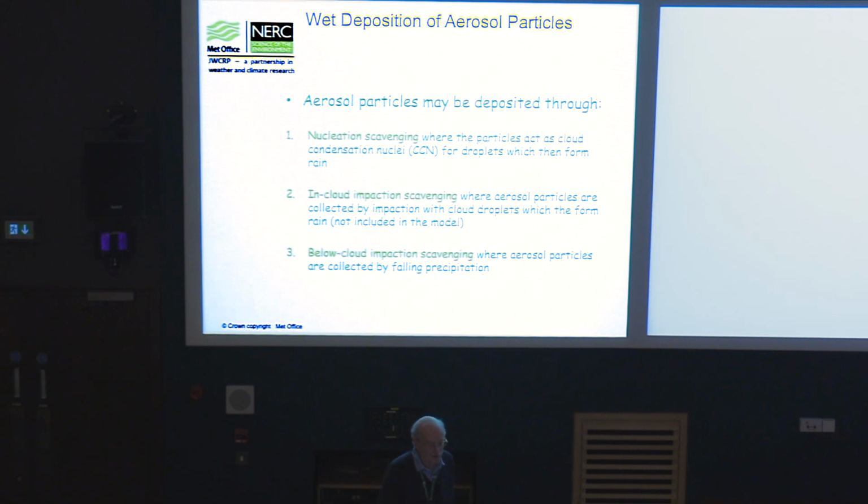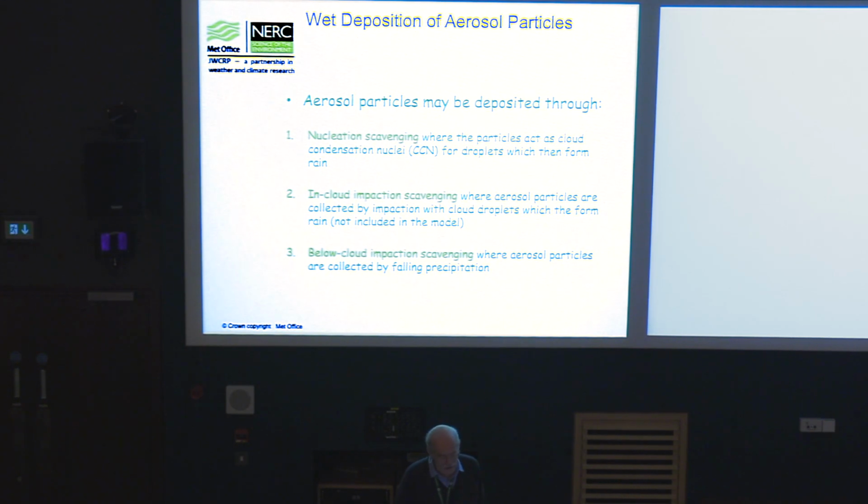Wet deposition of the aerosol particles consists of nucleation scavenging, where particles which are activated act as cloud condensation nuclei for droplets which then form rain. We do have an activation scheme in UKCA used for secondary cloud effects, but we don't use the fraction of activated particles from that scheme in the nucleation scavenging, because that engineering hasn't been done.